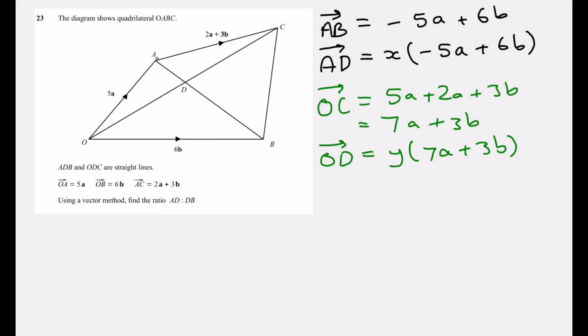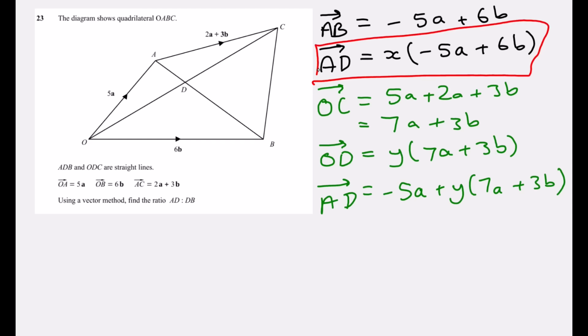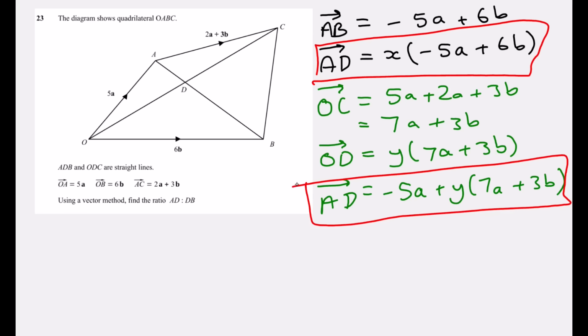That's O to D, some fraction of O to C. And then A to D would be minus 5A, and then O to D. So A to D is minus 5A plus O to D. So now we have two different ways of getting from A to D. One's got our fraction that we want, our X, and the other's got a different fraction, which is how far D is as a fraction of O to C. We don't really care about Y, but we can use it to get our answer.